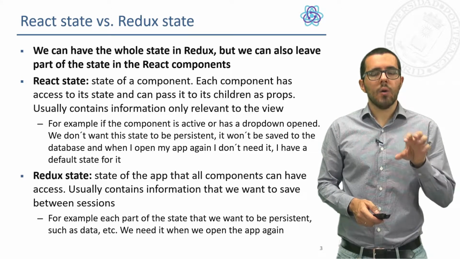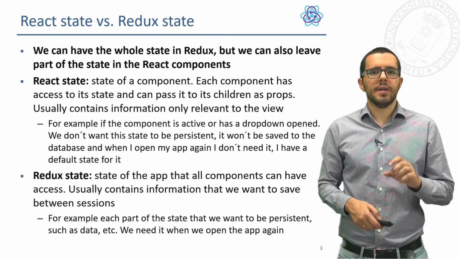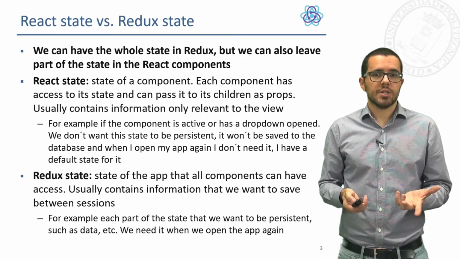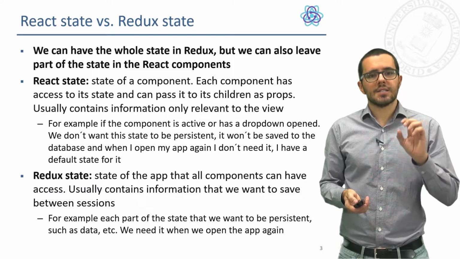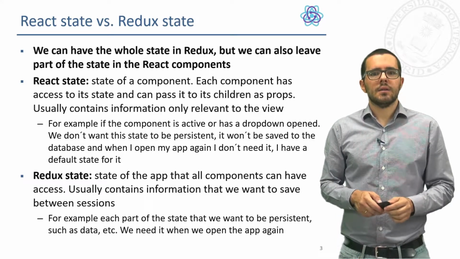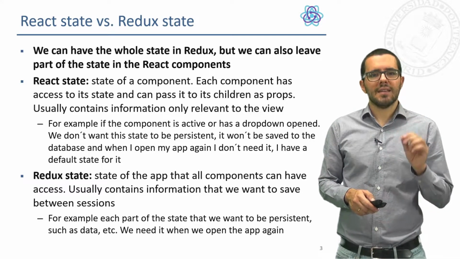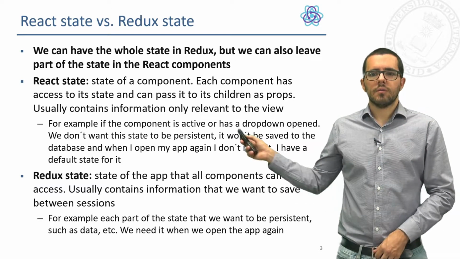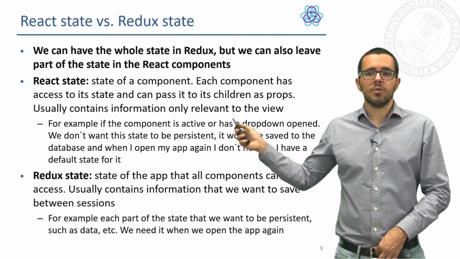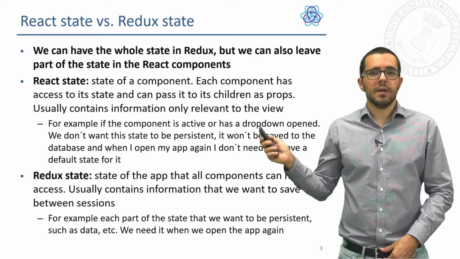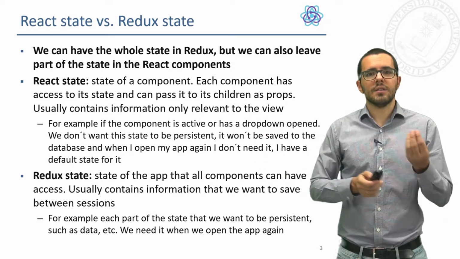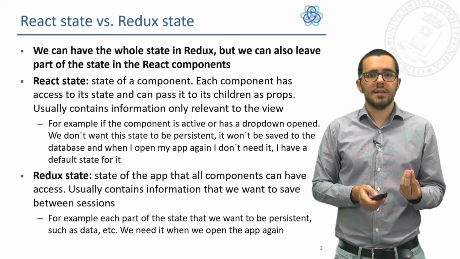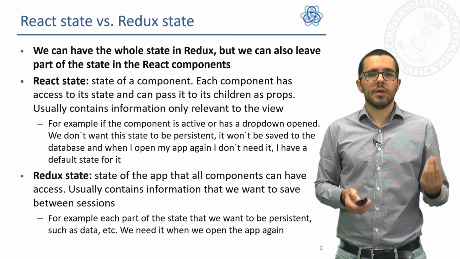Our whole state, I'm telling you, will be in Redux. It will pass the state as props to React, but we can keep slight parts of the state in React. How? If the component is active or not, or if we have a drop-down open, that thing is only in the user interface, it is not important data that we should store, for example, in a database.